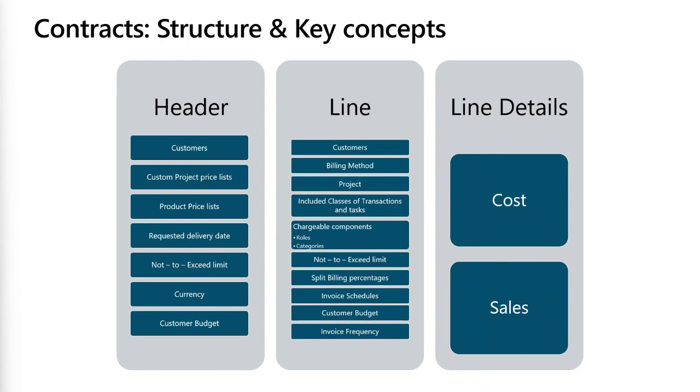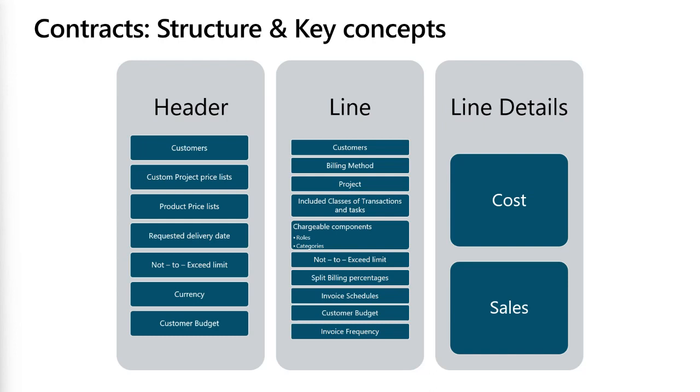Here is a high-level view of what can be configured at a header and a line level. We will be covering this during the demo as well, but at a very high level, we can specify contract customers at a header level and line level. A line can have multiple customers as well. There is the concept of a product price list and a project price list on the header.